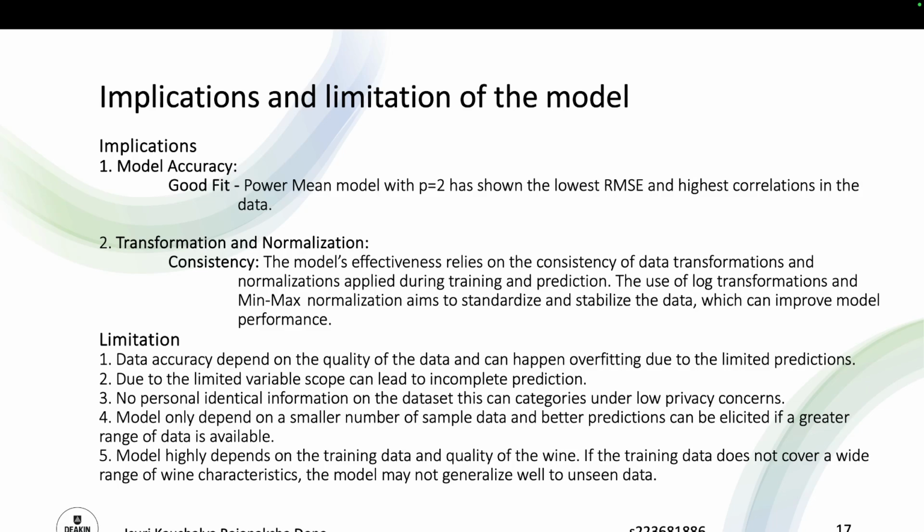Talking about the application and the limitations, first let's talk about the application. The transformation and aggregation framework gives a simple, interpretable scoring rule that is data-driven. It requires consistent pre- and post-processing, critically using the same log1p and scaling from training at prediction time, and inverting the output. Now, talking about the limitations, the model is trained on only 1,500 sample records.